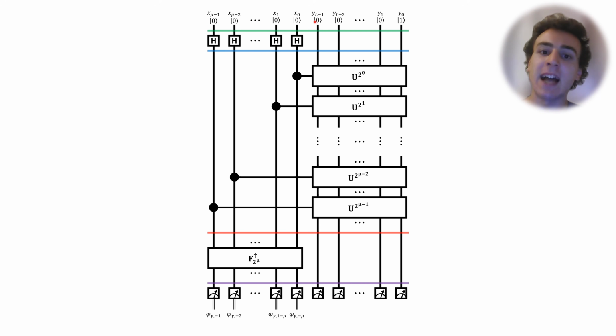So the size of register Y, which is the number of qubits in register Y, is determined by one of the inputs. What about the size of register X? So what determines the value mu? Well, we have some freedom to choose mu. We need to take some things into consideration. First, we need to take into consideration the value of L.